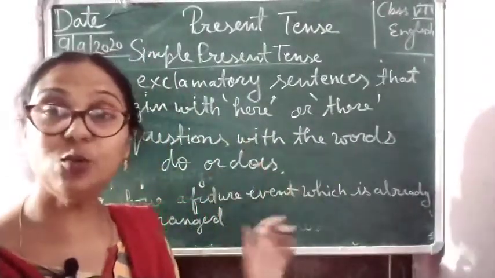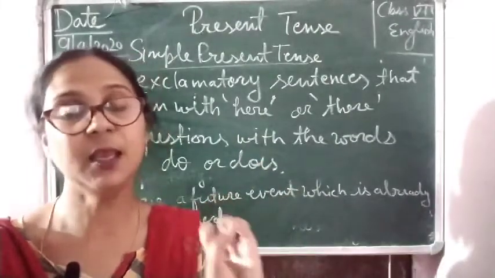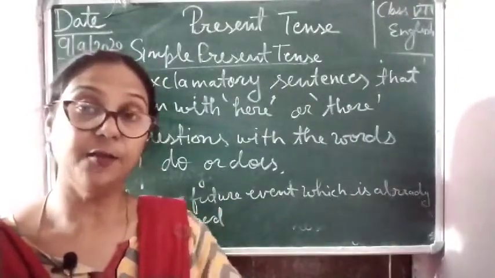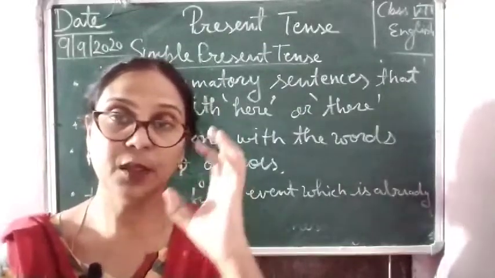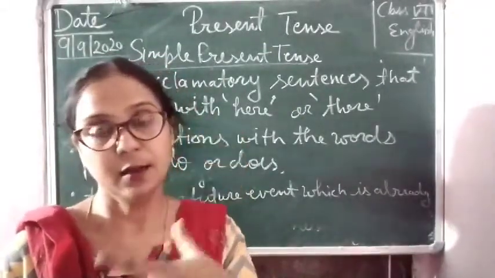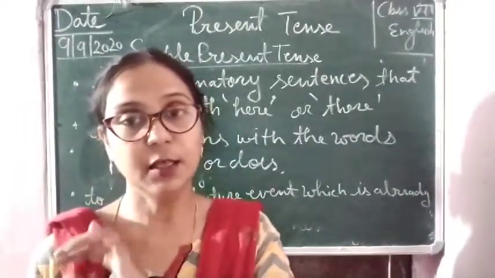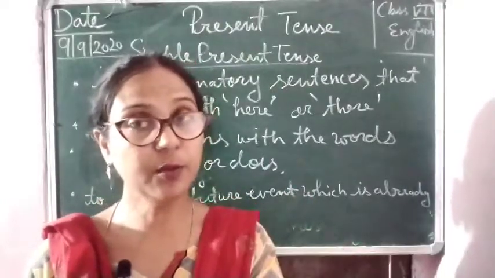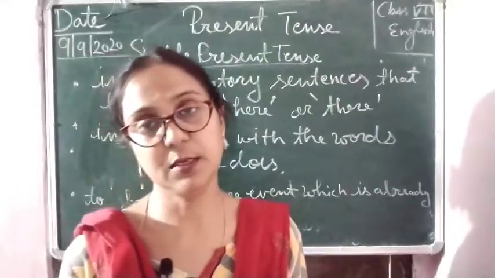So these are the uses of simple present tense that you should always keep in mind: whenever you are speaking a universal truth or a fact, talking about a fact in the present, or a plan which was well arranged in the past but is about the future. At that time we are supposed to use simple present tense.